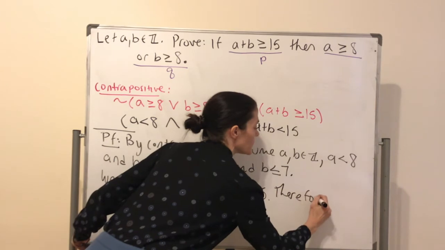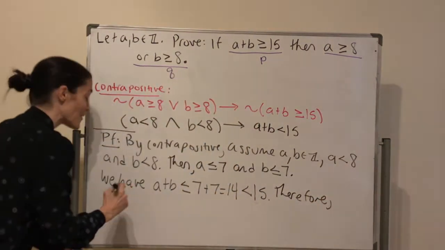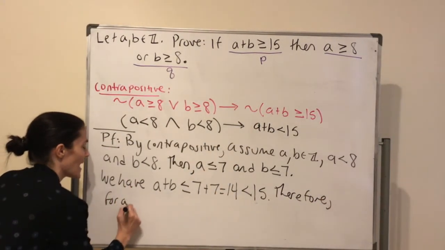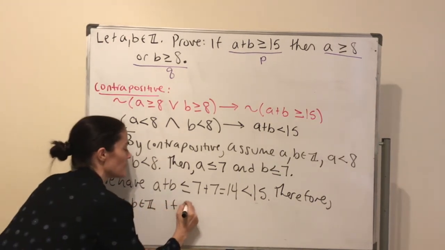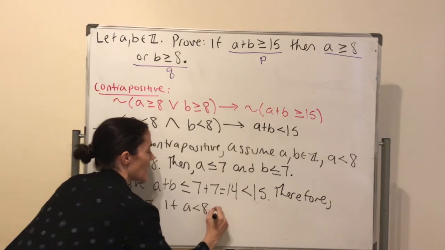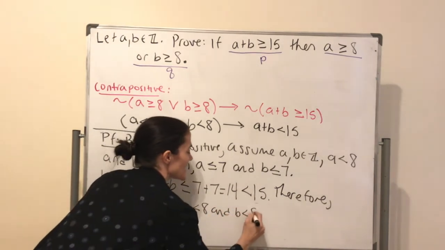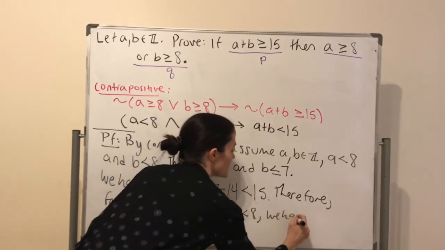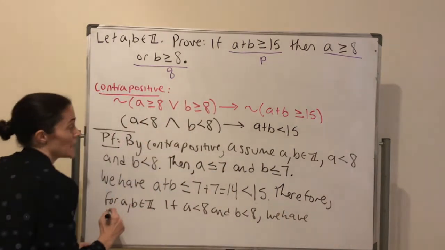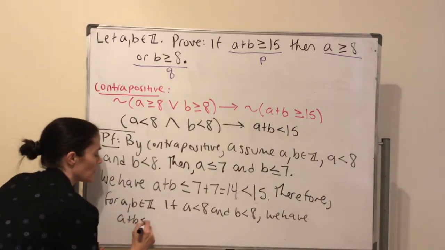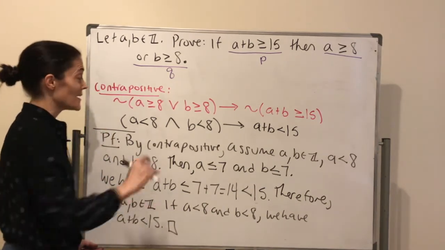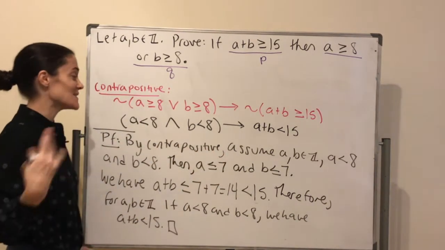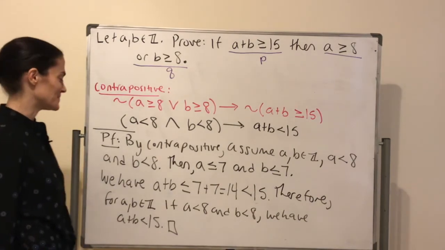Therefore, for integers A and B, if A is less than 8 and B is less than 8, we have A plus B is less than 15. And this was what I wanted to prove. This was the statement of the contrapositive. And so this completes this proof.